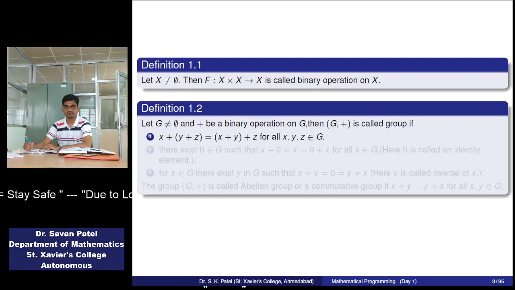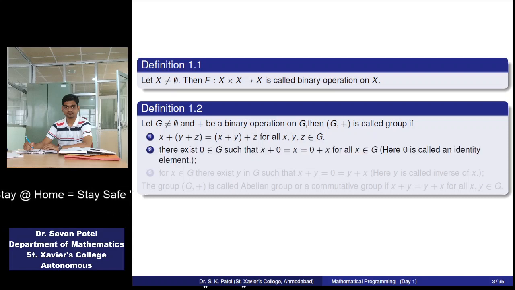First property is (x + y) + z should be the same as x + (y + z) for all x, y, z in G. This property is called associativity. Next, there should exist a zero element in G which satisfies x + 0 = x = 0 + x for all x in G. Here 0 is called the identity element and this property is called existence of identity.